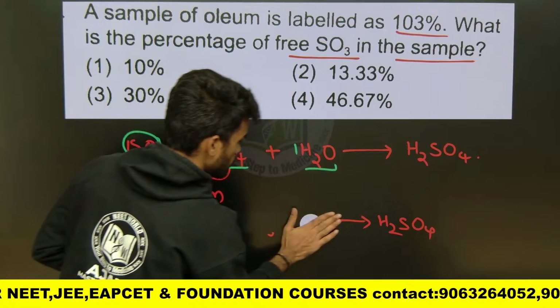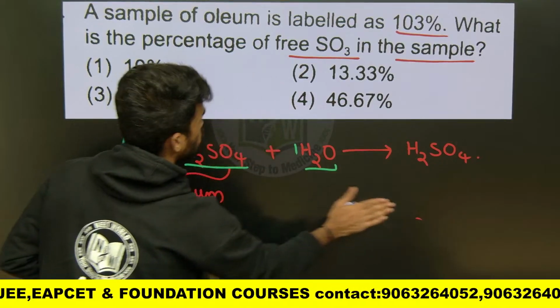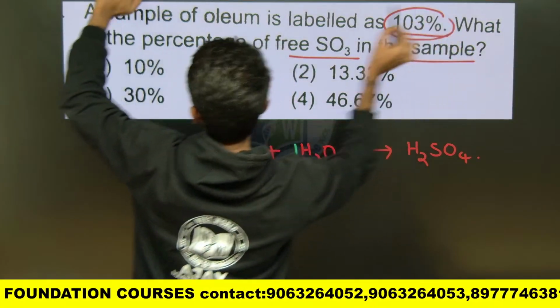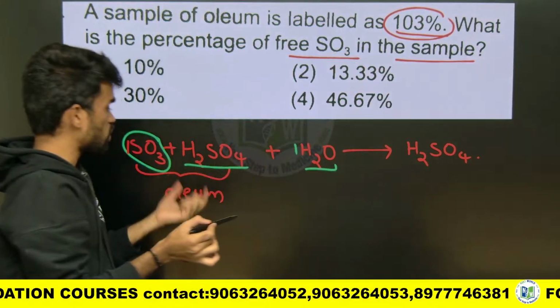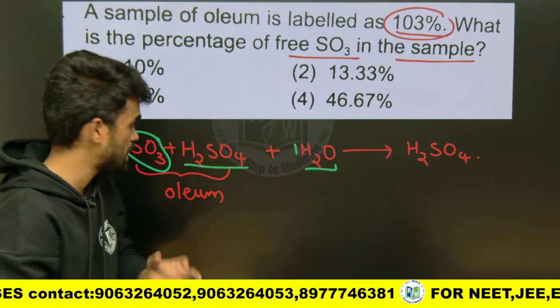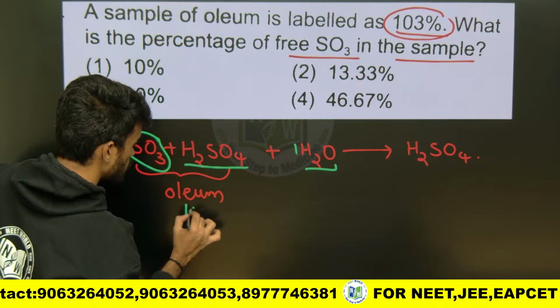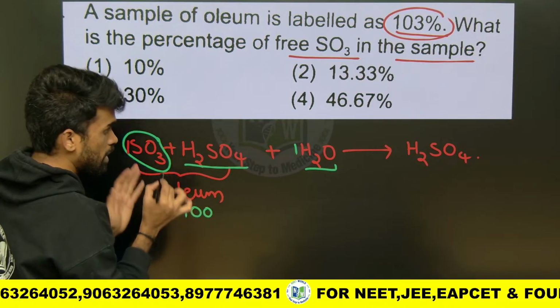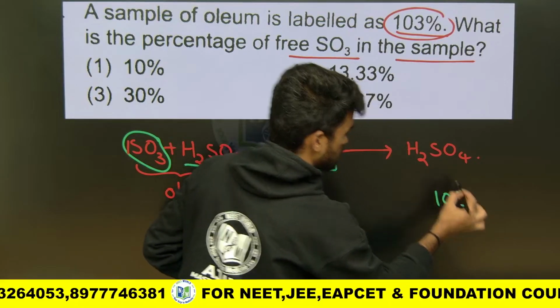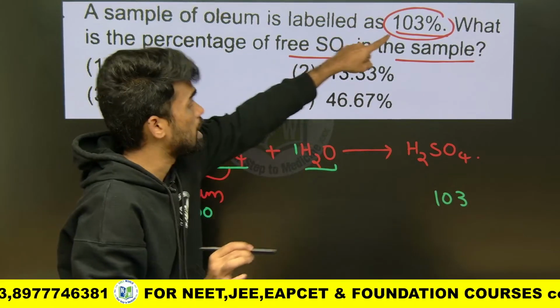Now, what they mentioned in the question is 103%. It means a sample of oleum, and on this oleum bottle it is mentioned as 103%. What does it indicate? 100 grams of this oleum reacts with water to form 103 grams of sulfuric acid. This is the meaning of this labeling.